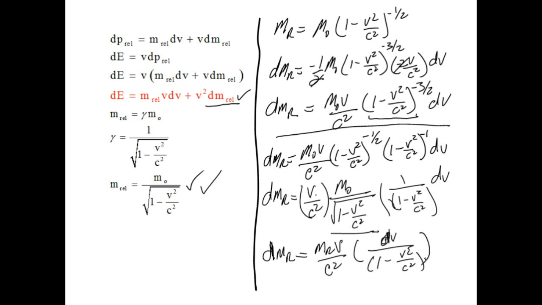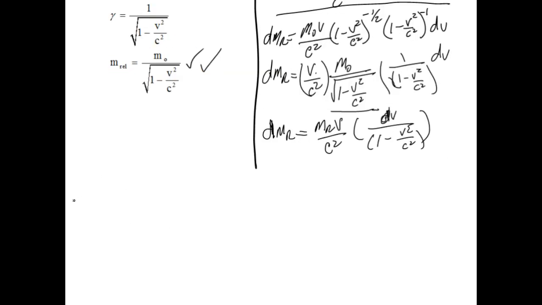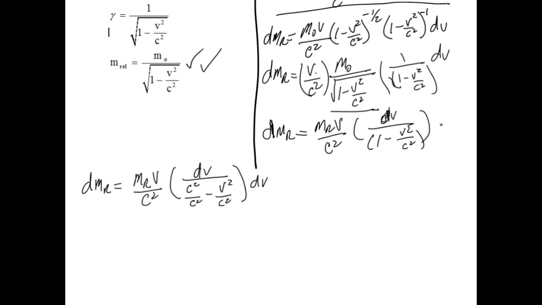Okay, now I want to rewrite this again, and this time let me rewrite it over here. Change in relative mass is equal to relative mass times velocity divided by c squared times dv divided by, I don't want to write the 1 there. I want to write this as c squared divided by c squared minus v squared divided by c squared, dv.